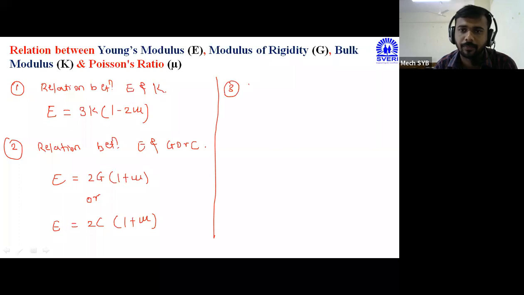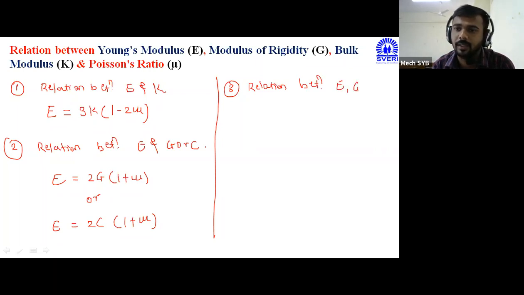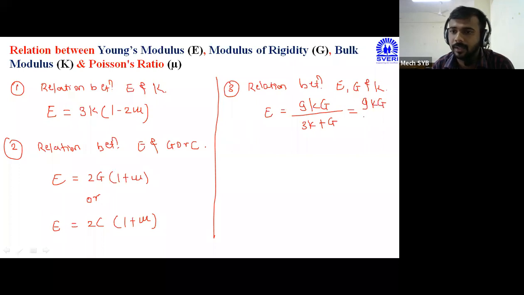Then third, relation between all elastic constants E, G and K. So E is equal to 9KG divided by 3K plus G, is equal to 9KG divided by G plus 3K.